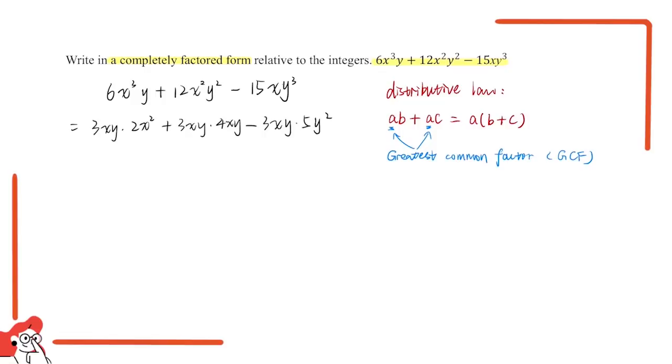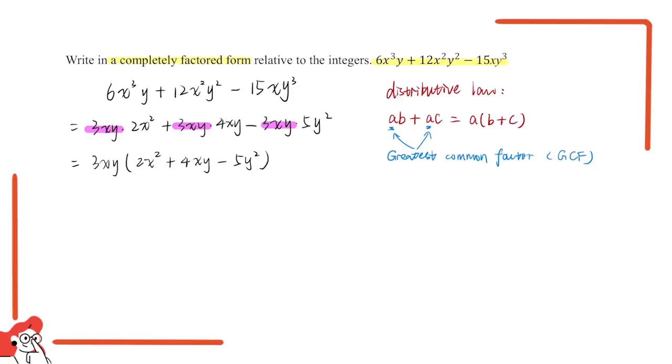So now it's apparently seen that 3xy is the greatest common factor of these three terms. Therefore, we can rewrite the function in the form of a times the sum of b and c. So it's 3xy times 2x squared plus 4xy minus 5y squared.